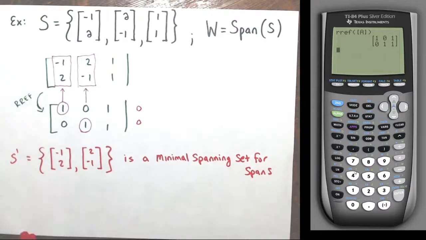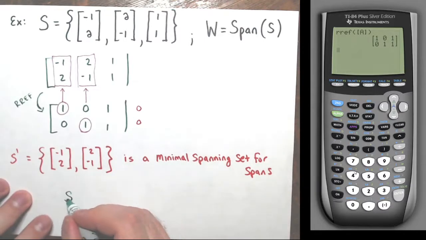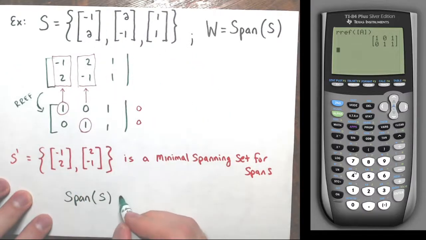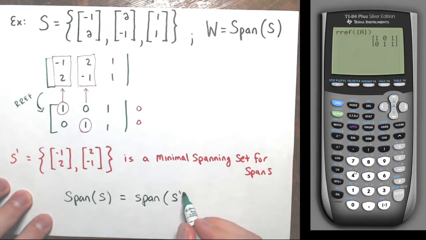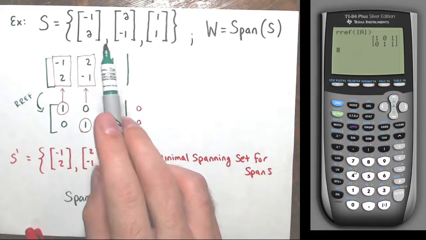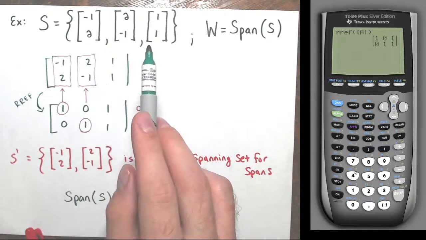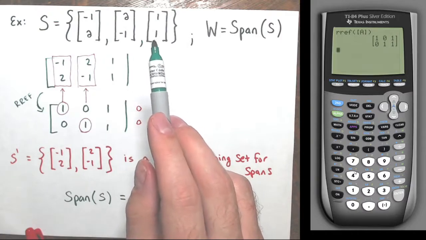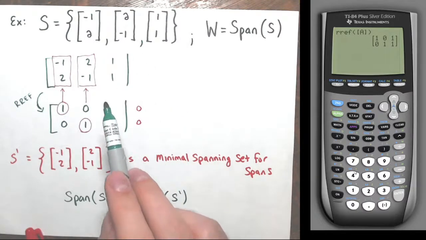You could also say that the span of S, the span of these 3 vectors, is equal to the span of S prime, just these 2. So that means that every linear combination of these 3 can be written as a linear combination of just these 2. One of these is unnecessary, the 1, 1, which corresponds to the non-pivot column.